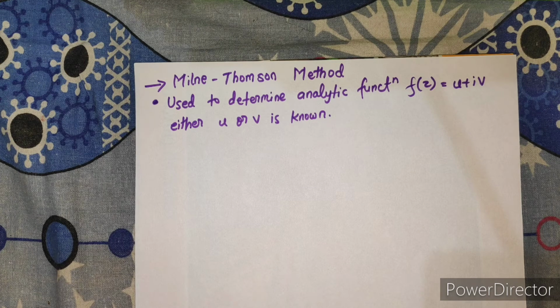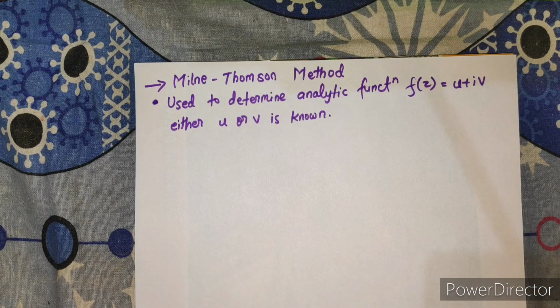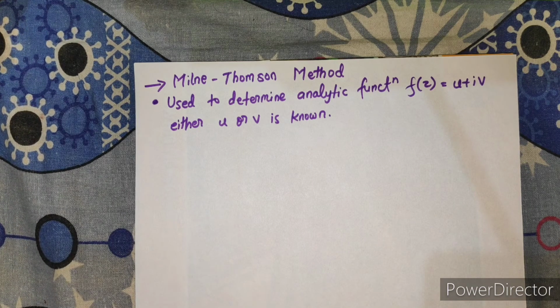In the type of problem in which the Milne-Thomson method is used, what will be asked? We know that f(z) is u plus iv. The purpose of this method is to determine the analytic function. Determine means you have to find the analytic function. You will be given either u or v in the question, and with its help you have to form the analytic function. Fine. So in such types of questions you have to use the Milne-Thomson method. So let's see how to do it step by step. Let's see them.